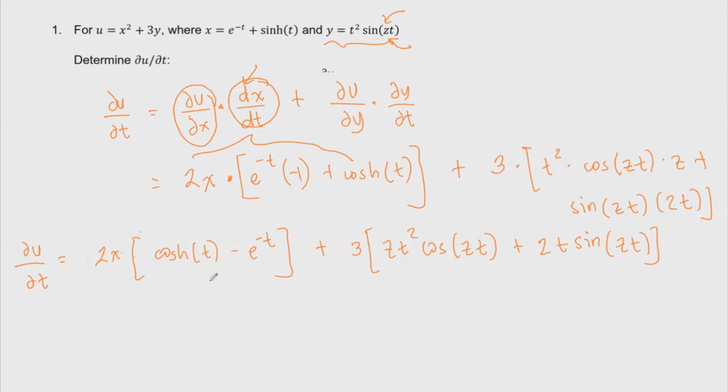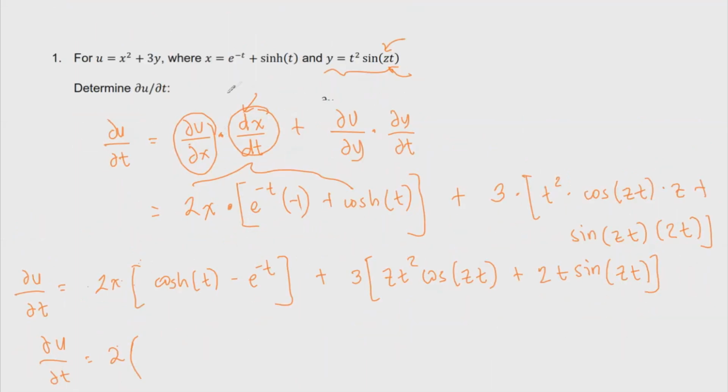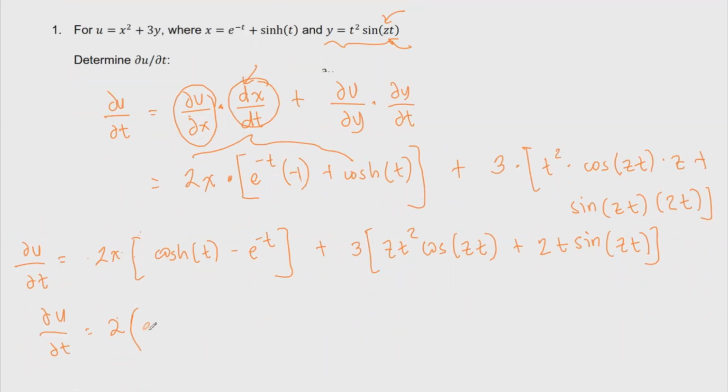Now, for example, if the problem says that you need to express your answer in terms of t and z only, we need to find the value of x in terms of t right here. So we know that the partial u over partial t will become 2 times x. So x from this expression is e raised to negative t plus sinh of t, and then this expression.